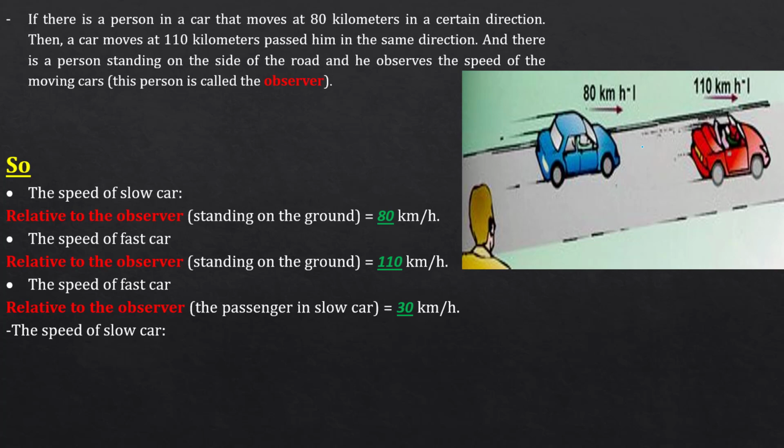But if we want to calculate the speed of the slow car relative to the man in the fast car, it will be minus 30 kilometers per hour, because the observer's speed here is 110 kilometers per hour and the slow car is 80 kilometers per hour. So this car moves with minus 30 kilometers per hour. And now don't worry, I will tell you the laws of the relative speed right now.